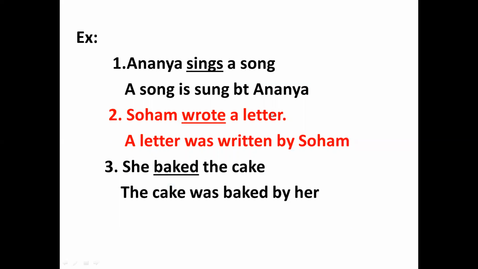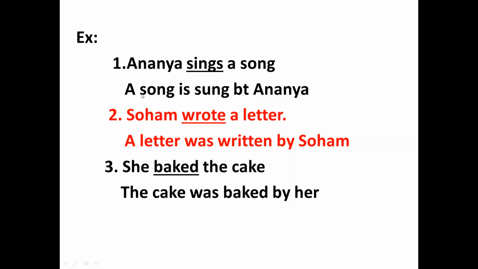First one, Ananya sings a song. Here Ananya is a subject, sings is a verb, and a song is an object. So for sings we have to find out the tense. Sings is a present tense, so we have to use the present tense only.